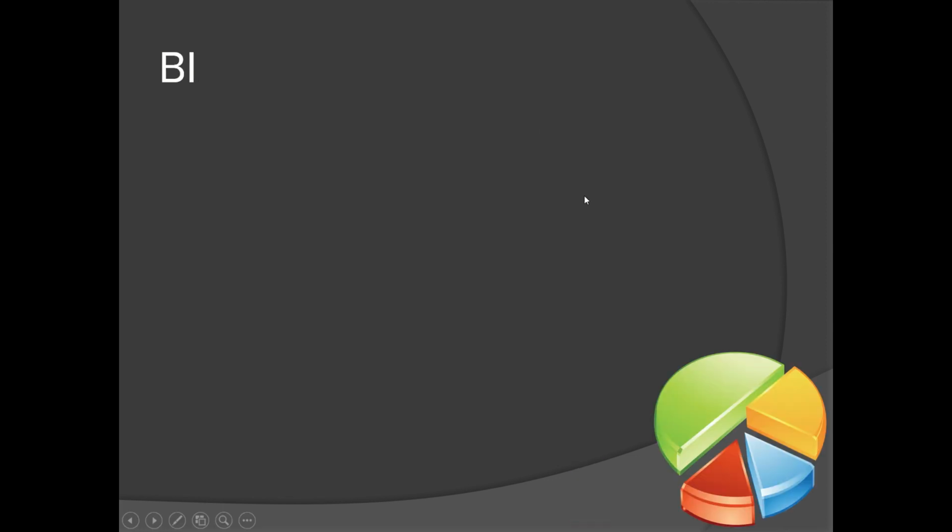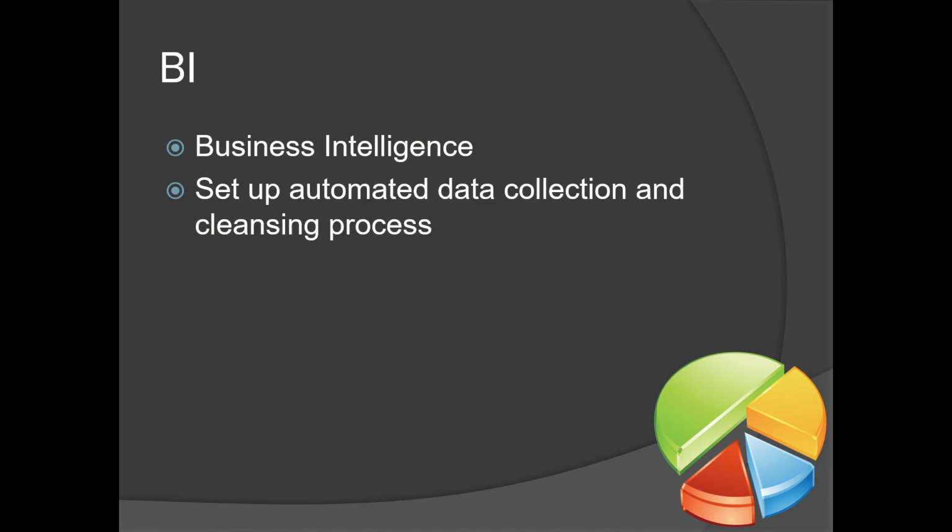And then the last one here, business intelligence. Basically, what you're trying to do is see data at a different level than you have before. So the first thing you have to do is set up some kind of automated process to collect that data. Wouldn't it be nice if you had a massive system that was collecting all this and putting it in a very systematic and standard format, right?